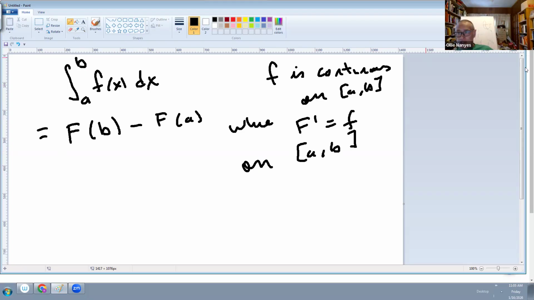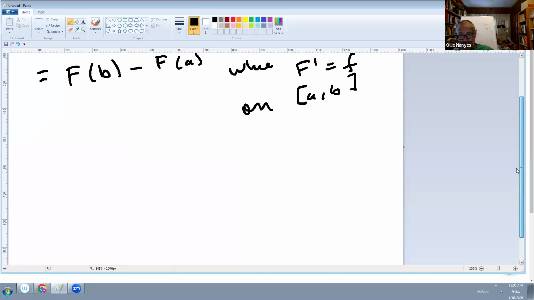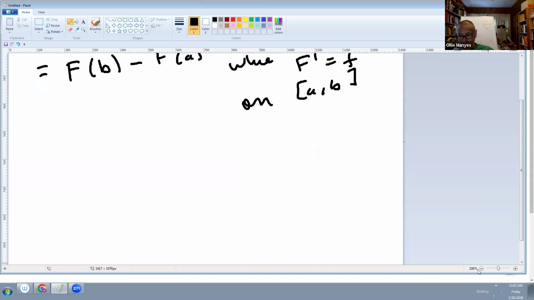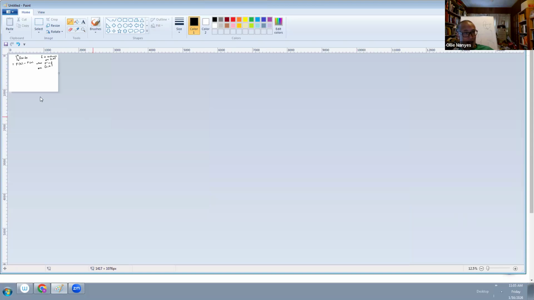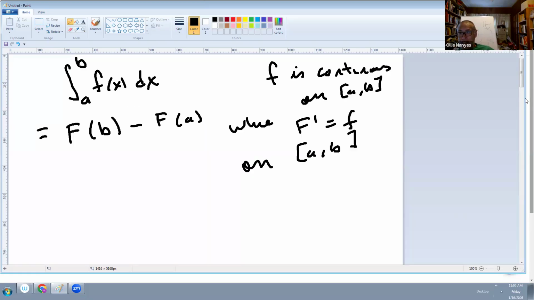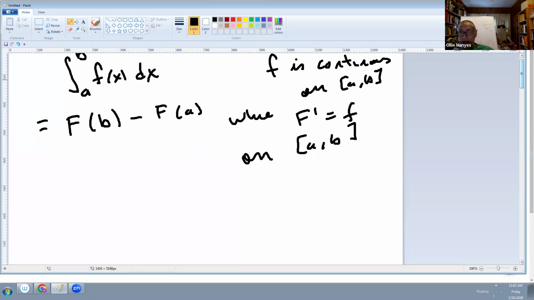That's what most students see the fundamental theorem of calculus as. Strictly speaking, this is what's known as the evaluation theorem. And of course, in differential equations, you need to know this. But there's a bit more going on.